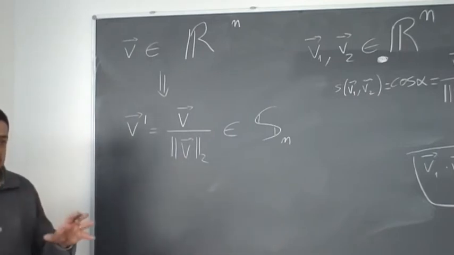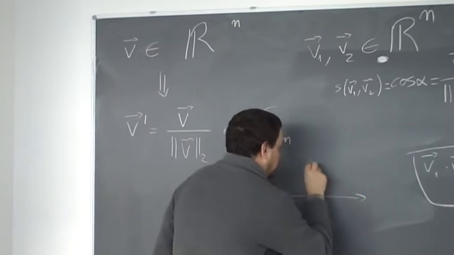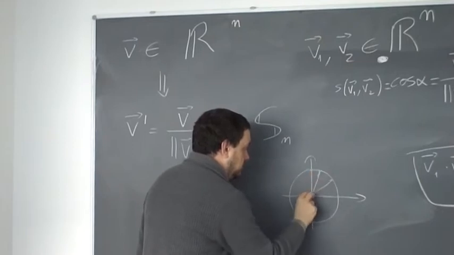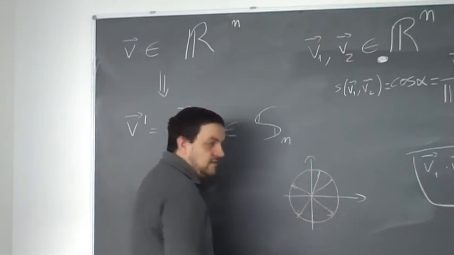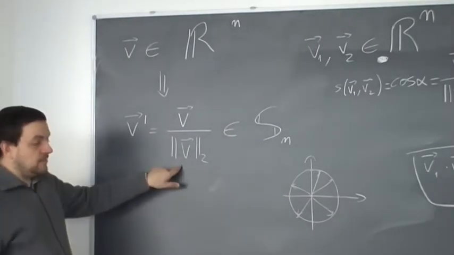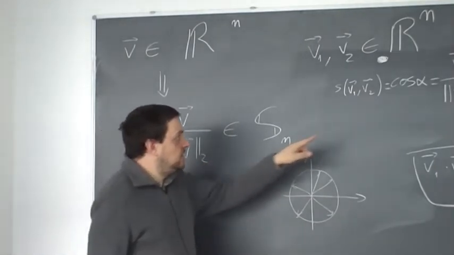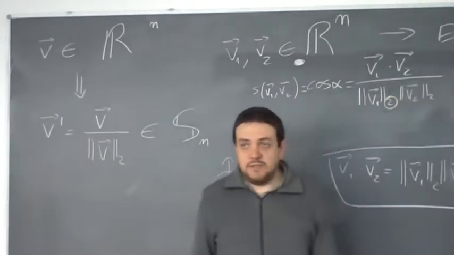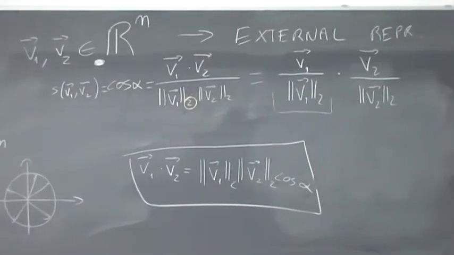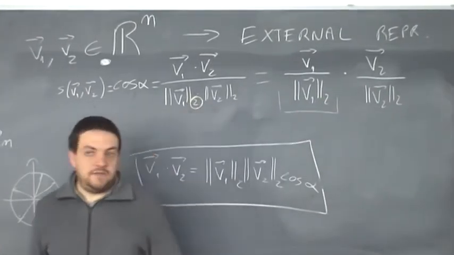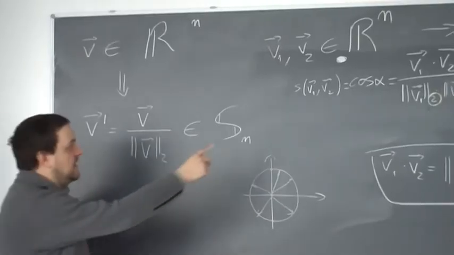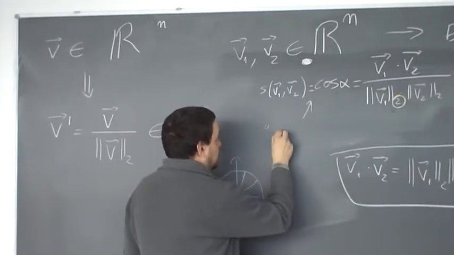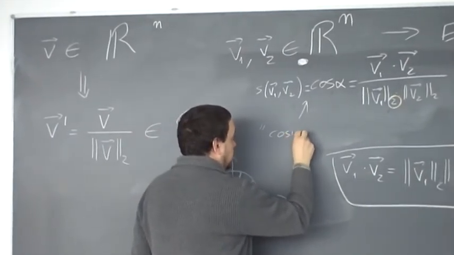Okay, all vectors have length 1, so in 2 dimensions, all vectors will lie on the circle of radius 1. This normalization allows you to compute this kind of similarity by just computing the dot product between the two vectors without having to normalize them. They are already normalized. This kind of similarity, for this reason, is also called the cosine similarity.